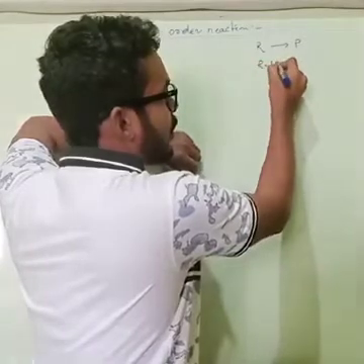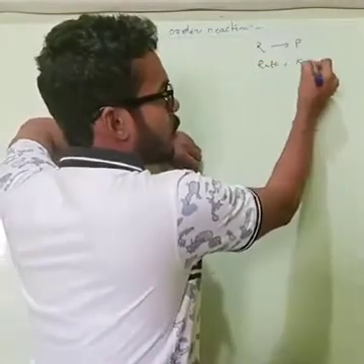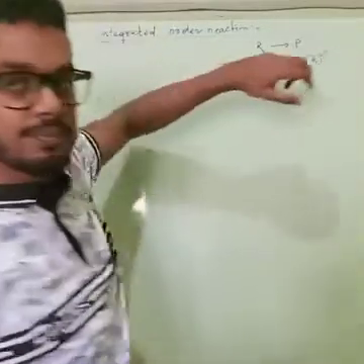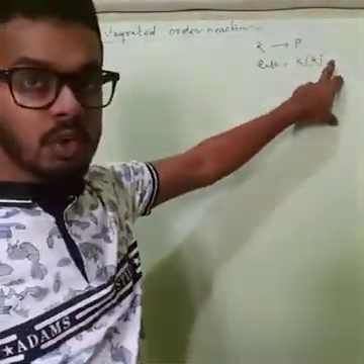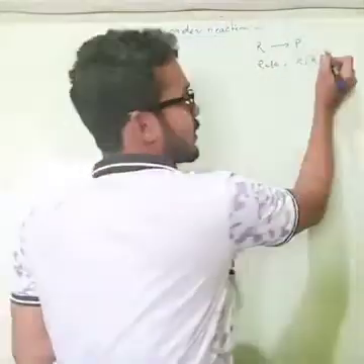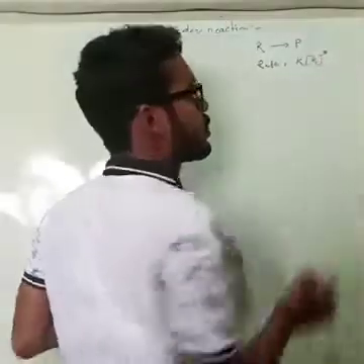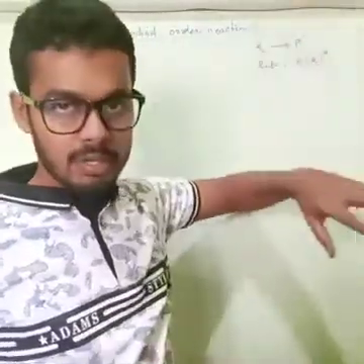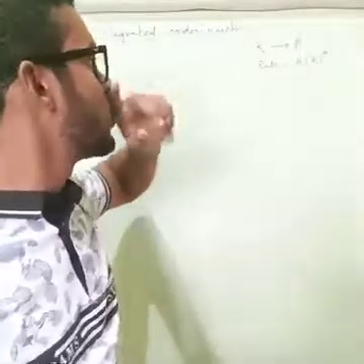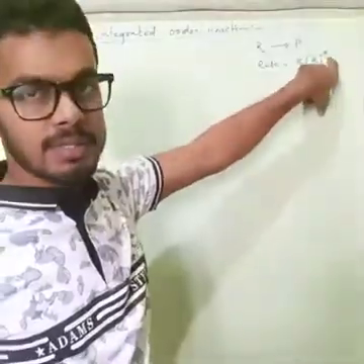Rate equals K into concentration of R to the power 0. If it is 0, then it must be a zero order reaction, because this term signifies the order of the reaction. So this is a zero order reaction. A first order reaction would then be 1, or second order it would be 2. So this is for the order of the reactions.